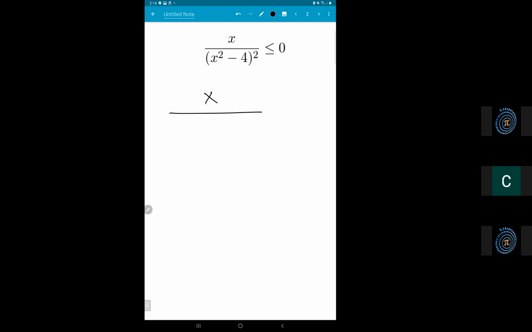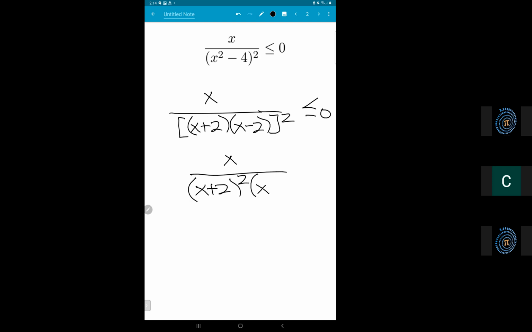You know that x squared minus 4 is a difference of 2 squares. x plus 2 times x minus 2 will be its factorization, and it's squared. Or you could have directly written x plus 2 squared, x minus 2 squared.